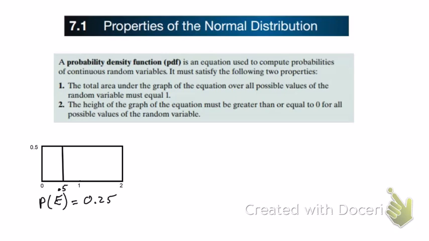Well, I have to come out to 0.5, right? Okay, and then I'd shade in this part right here. So that shaded part is 25% of the area, but that also represents the probability. So we're equating area proportions with probability now. And that's where having an area of 1 comes in handy.